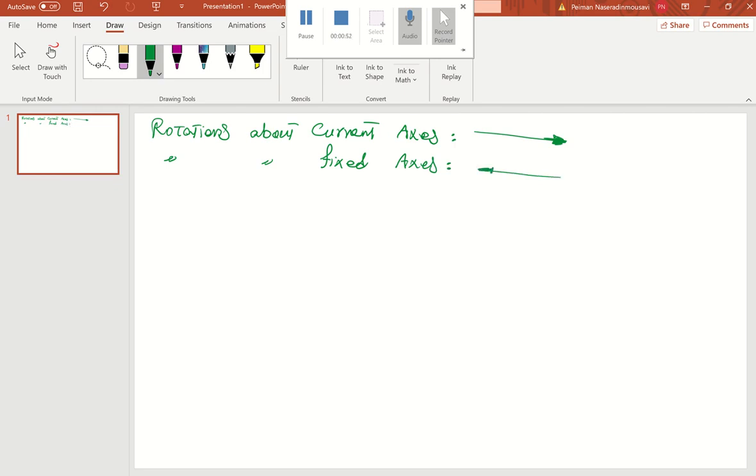And the example of this, for the forward, is the Euler angles.